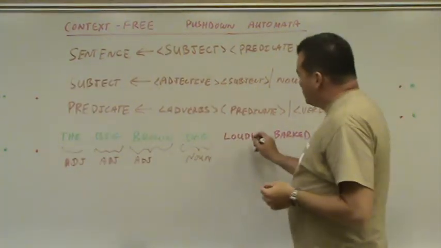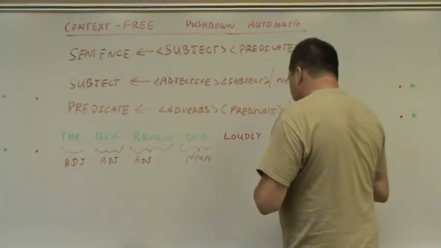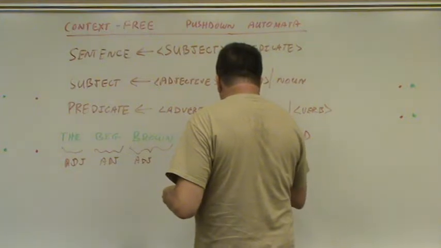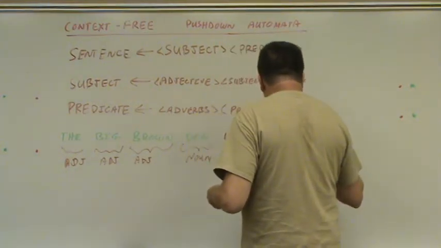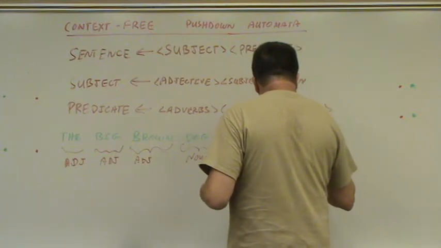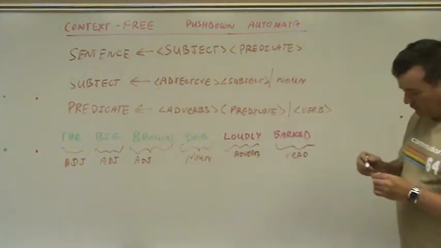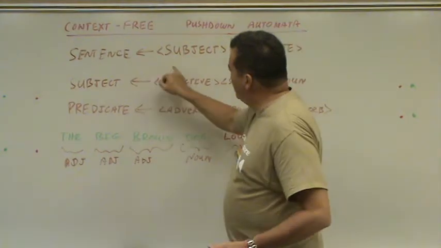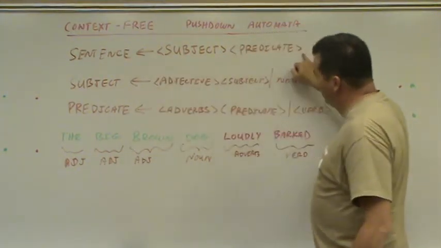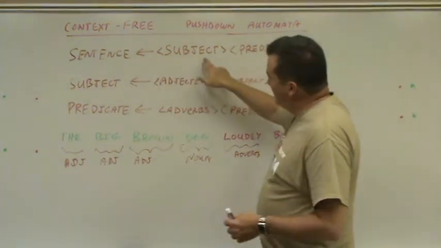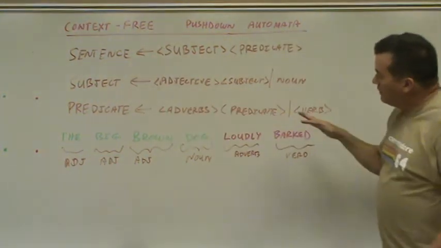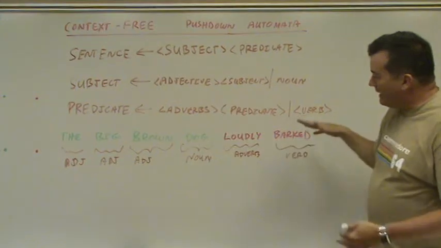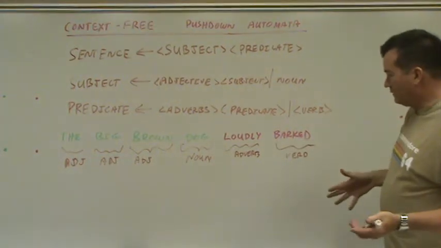And the same thing is true for this, an adverb, and this, a verb. Based on our language, every sentence must have a subject and must have a predicate. And for each of these, we describe what those break down into. And as long as our sentence has this, it counts.